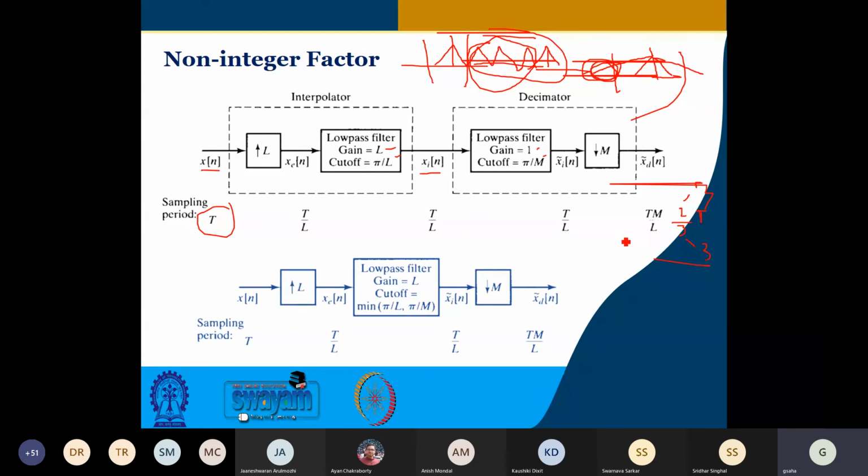You have correctly identified it. So this is the sampling rate that you see at different places. Now you can combine these two low-pass filters.